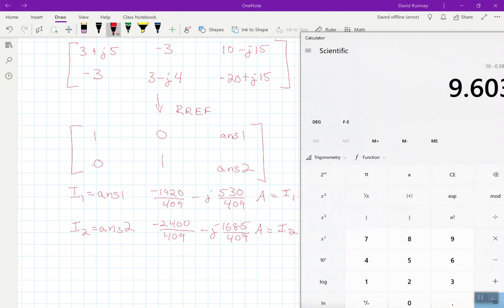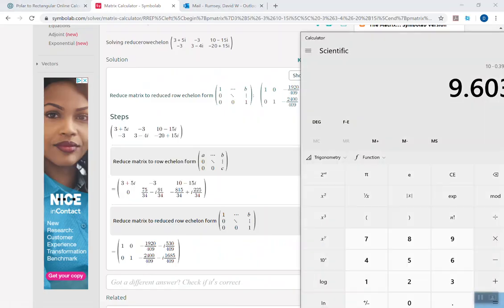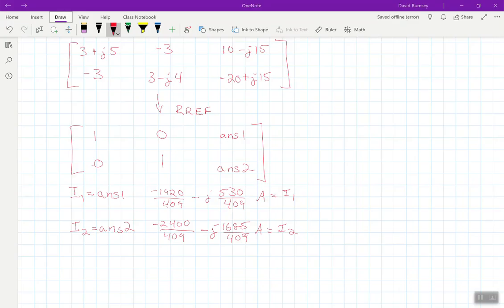So let's go ahead and compute what those are. Actually, I'm going to pause the video and go through these computations and then write them down. Okay, so magically 2 more lines should have appeared on your video, and all I did was use my calculator to divide these out. So you get minus 4.91 minus J 1.3 amps, and 4.57 minus J 4.12 amps.